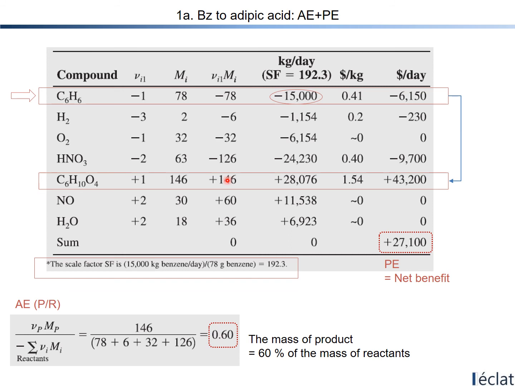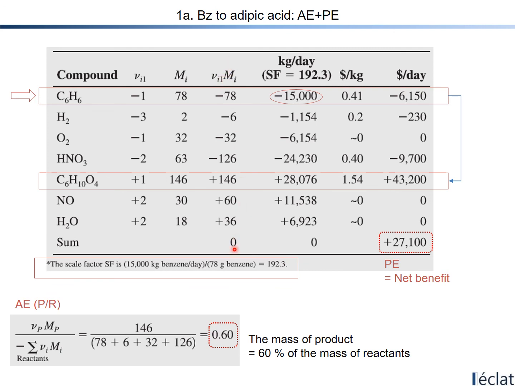So in this problem, the scale factor is obtained from 15,000 kilogram benzene per day per 78 gram benzene, and then it is going to 192.3. So this column is going to that column by multiplying the scaling factor.